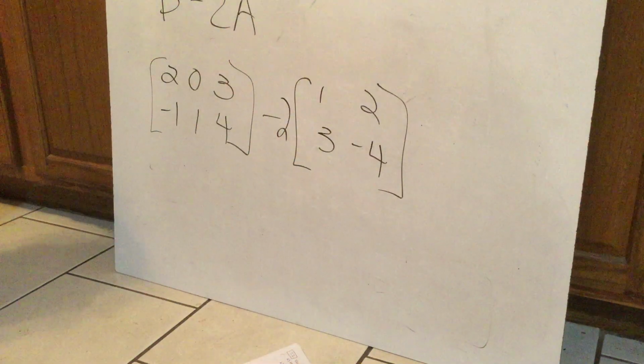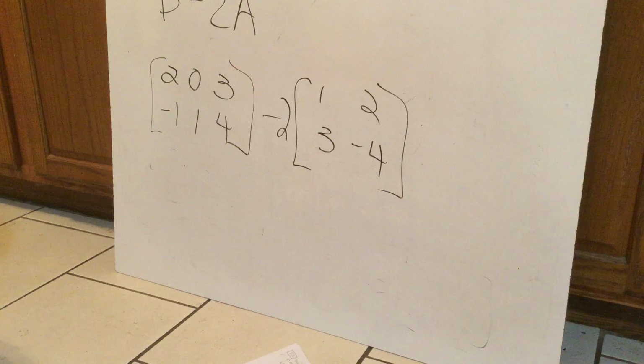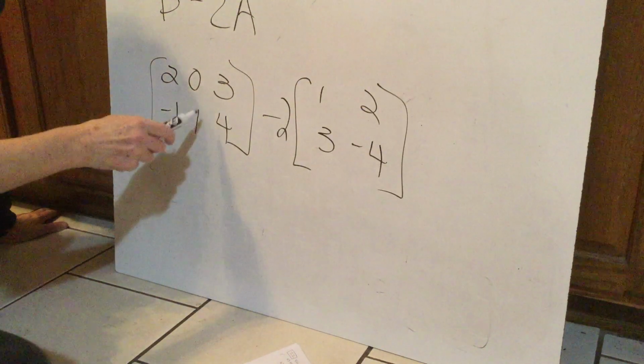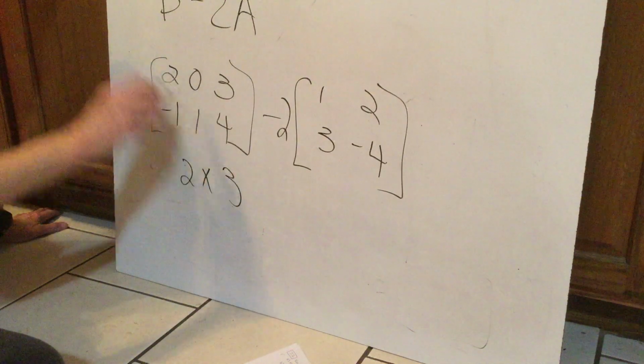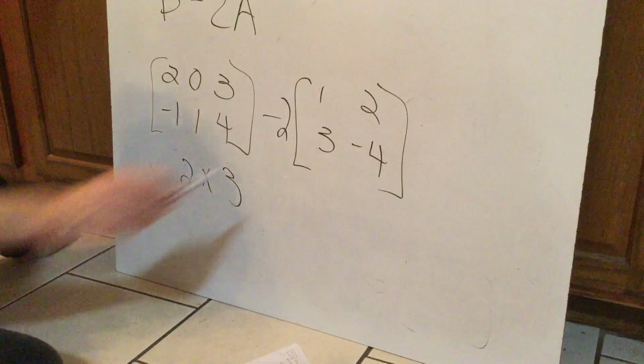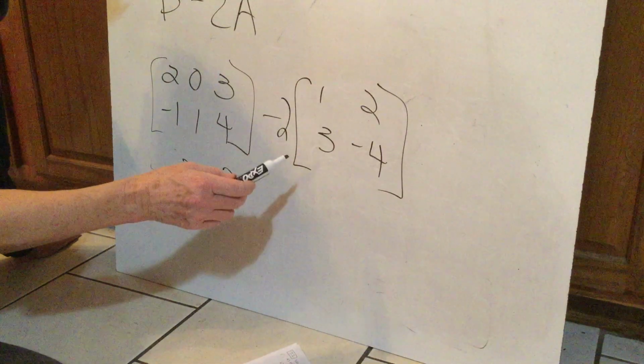Now, I actually wrote this down, but I hope you were thinking, as I was writing it down, oh, wait a minute, this isn't going to work. Why isn't it going to work? This matrix has 2 rows and 3 columns. This matrix, I know I haven't distributed yet, but it's not going to change the size.